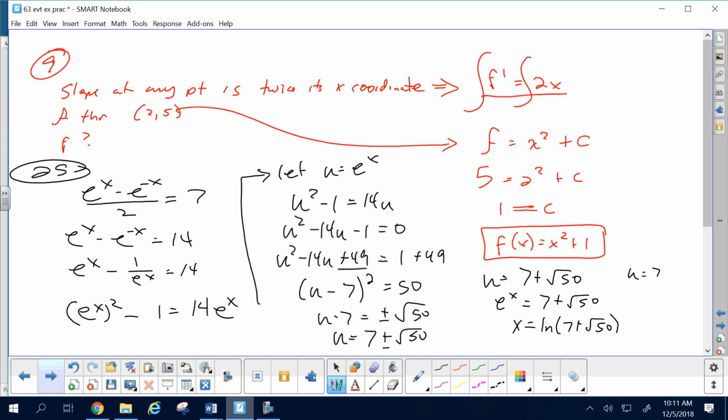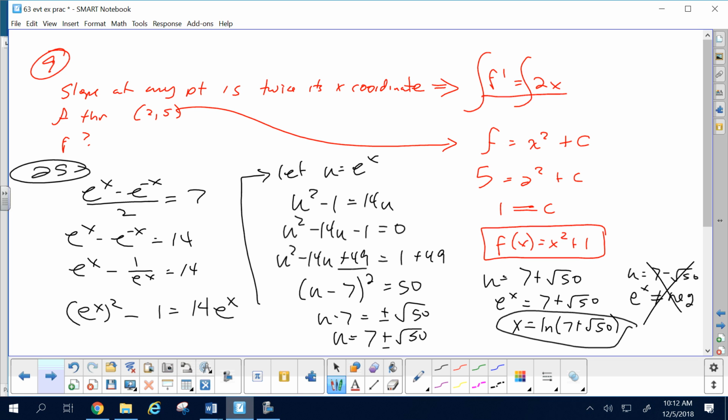If u is 7 minus root 50, well, then I have a problem because that's negative. And e to the x cannot equal a negative. And so that actually is a bogus solution. That goes nowhere. The only solution is the log of 7 plus root 50. Okay? That was tough. Yeah. That was tough. All right.